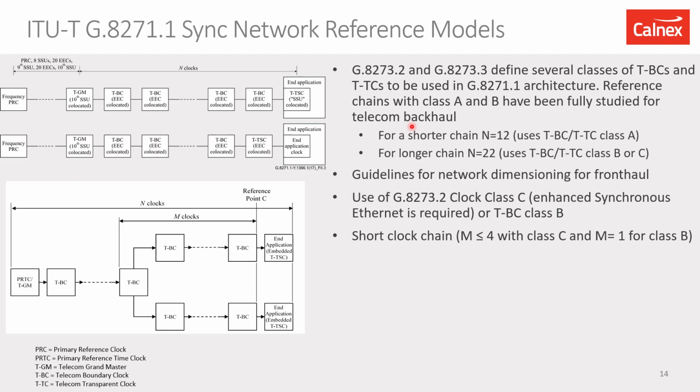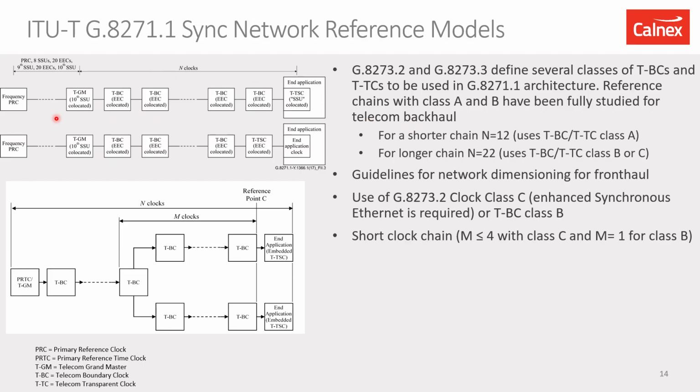It has been possible to specify the performance of each node, 73.2 and 73.3, and based on that define reference networks that can be deployed by network operators that can in this way guarantee that performance is met at the end of the network.